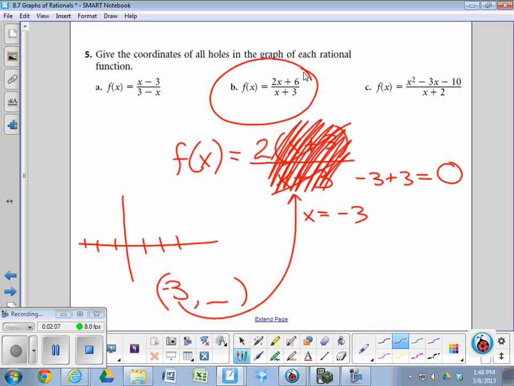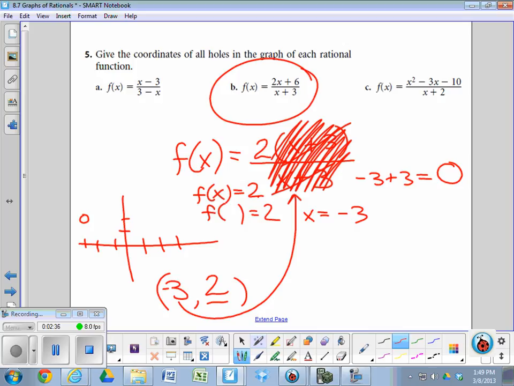When you have an equation that says f of x equals the number 2, I don't care what x is. It could be 8, it could be 18, it could be negative 3. Hello? No matter what you put in, y is always what? 2. It's called a constant function. So that's where the hole is, at negative 3 comma 2.